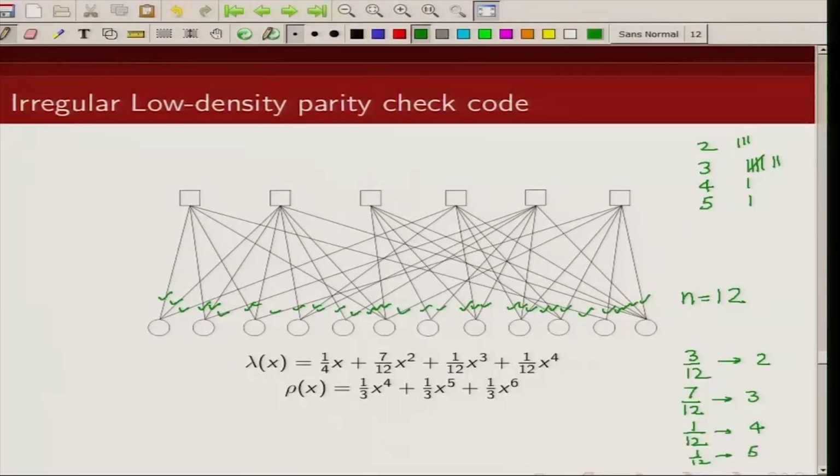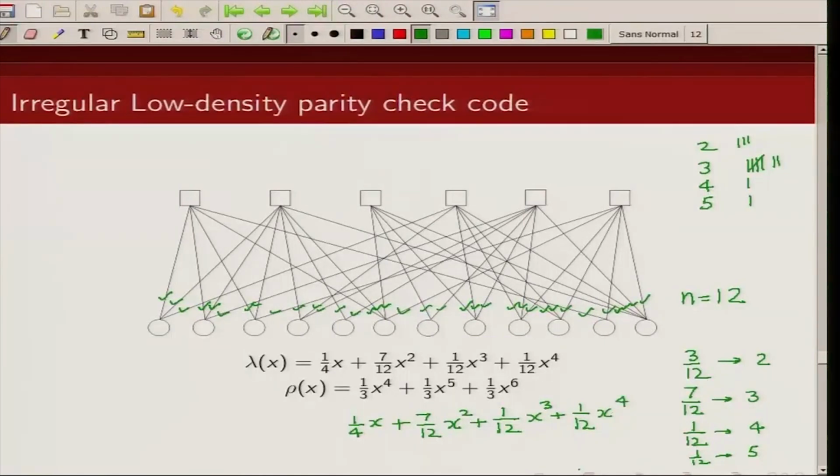So, then what is the column distribution? This fraction is 1 by 4 x raised to power 2 minus 1, that is x, plus 7 by 12 x raised to power 3 minus 1, that is x square, plus 1 by 12 x raised to power 4 minus 1, that is x cube, plus 1 by 12 x raised to power 4.